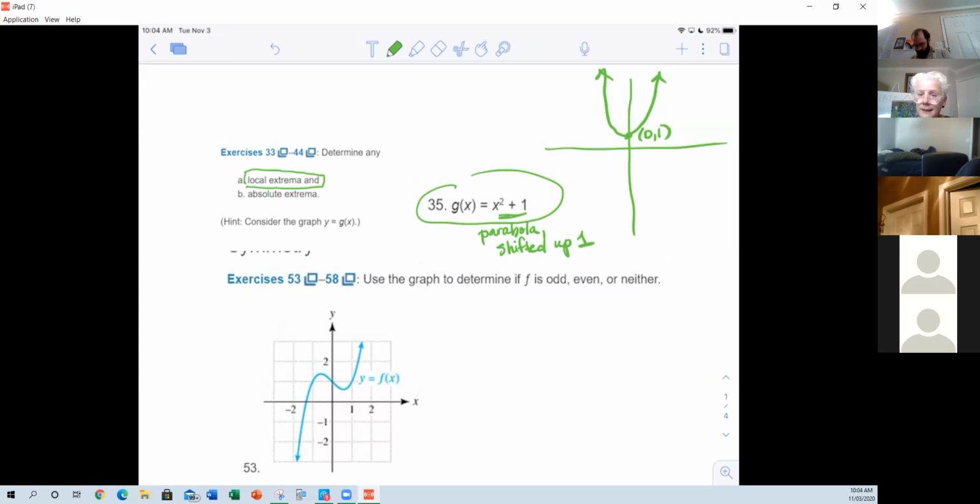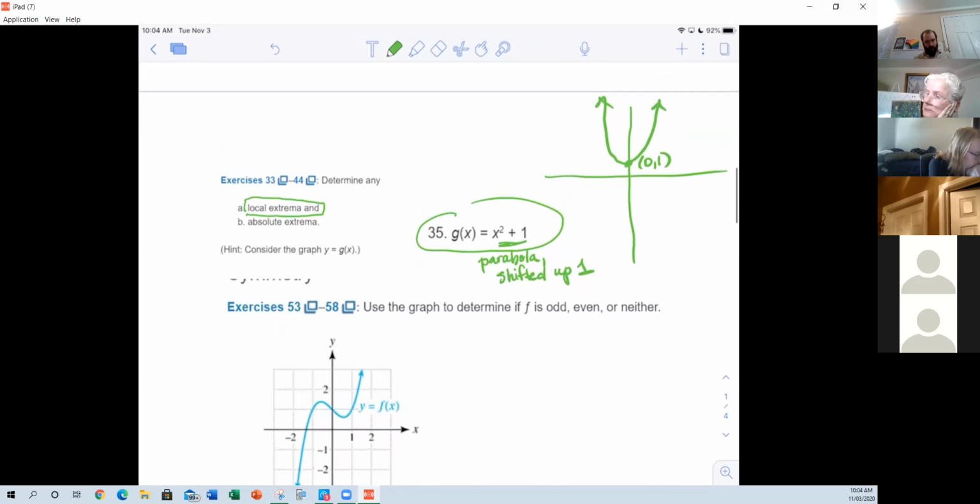Timothy, can you help me? Well, since they're all going up to infinity, there really is no local max. Is there an absolute max or min?